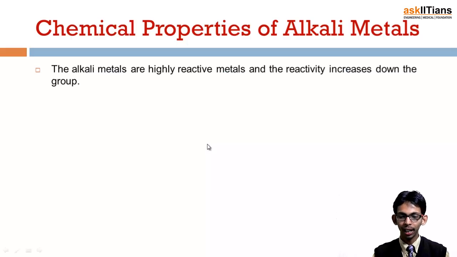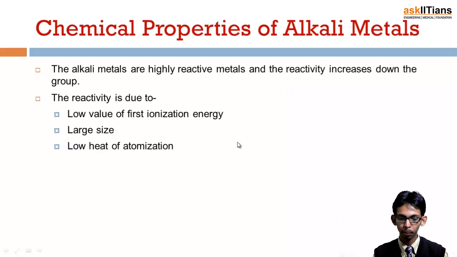Actually, the alkali metals are highly reactive metals and their reactivity increases down the group. Now why are they very reactive? Because of the low value of first ionization enthalpy. Metals are those which release electrons, and the more easily it releases an electron, the more its reactivity.